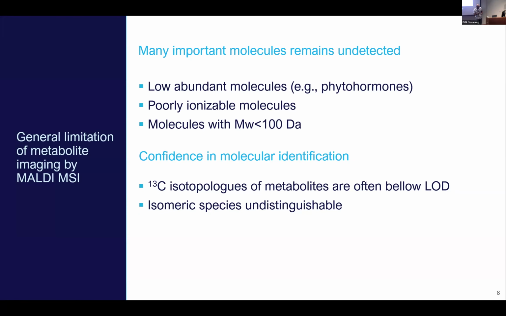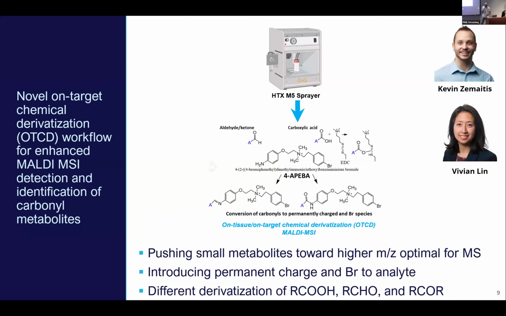And at EMSL, in work with Kevin and Vivian, we developed a workflow that bypasses many of those challenges. It is based on on-target chemical derivatization, where we introduce a chemical compound that has a permanent positive charge, and then we derivatize carbonyl compounds, mostly aldehydes, ketones, and carboxylic acids.